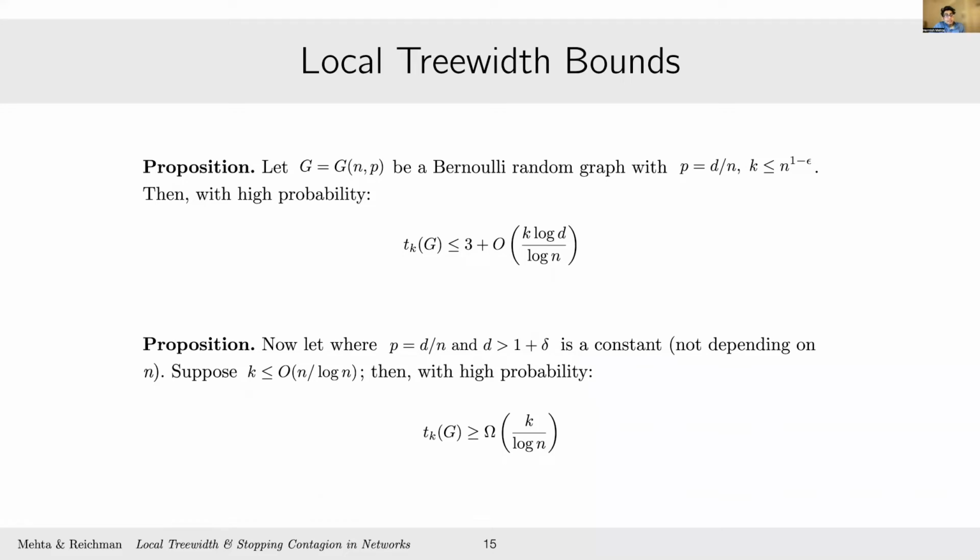This is exciting because it's sublinear in k. There's this log n factor in the denominator. On the other hand, our lower bound is pretty close. It says the local treewidth of order k of G is at least big theta of k over log n. So this is almost tight. We've almost pinned down exactly the binomial random graph's local treewidth, up to this factor of log d that's present in the upper, but not the lower bound.